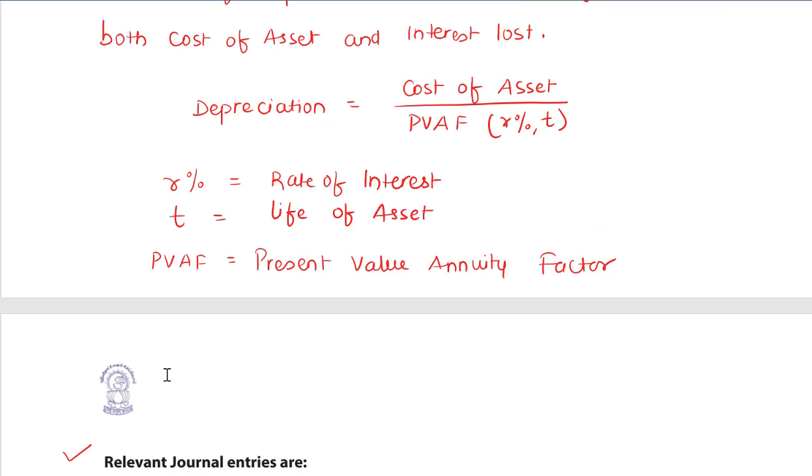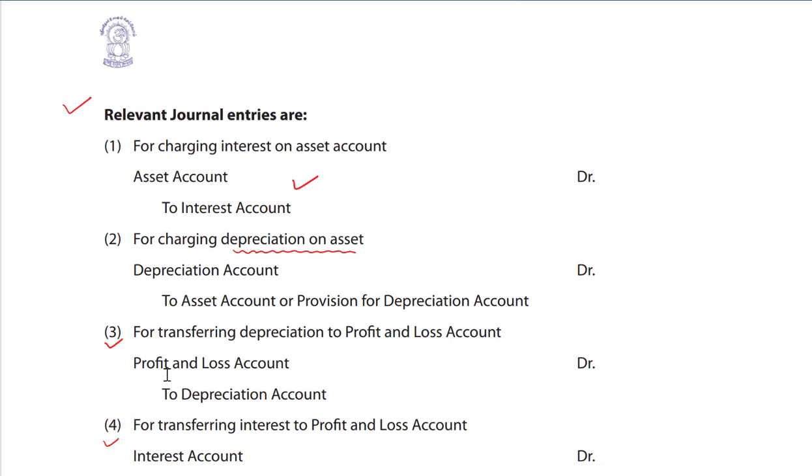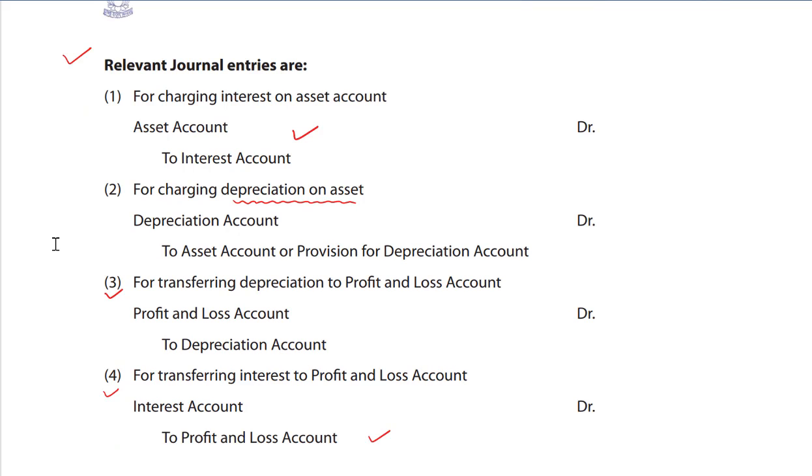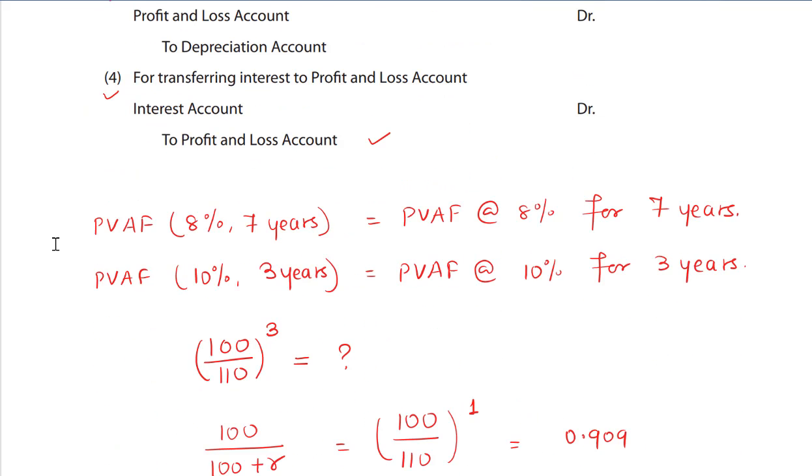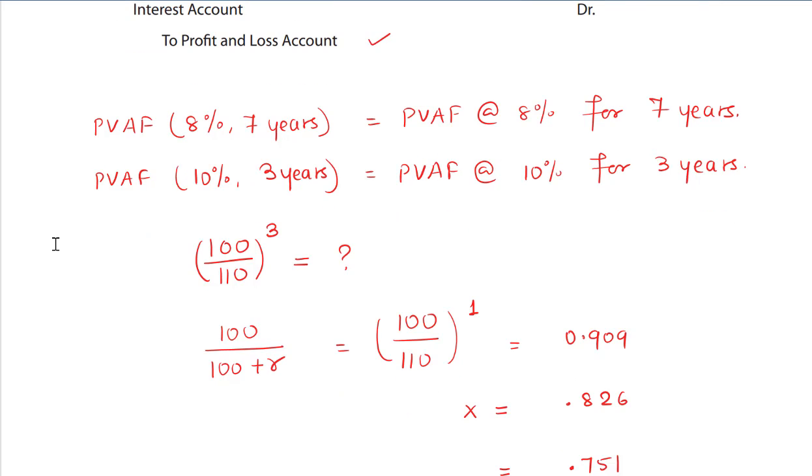PVAF denotes present value annuity factor. We have seen the accounting treatment of depreciation using annuity method. Then we have seen how to calculate PVAF on calculator.